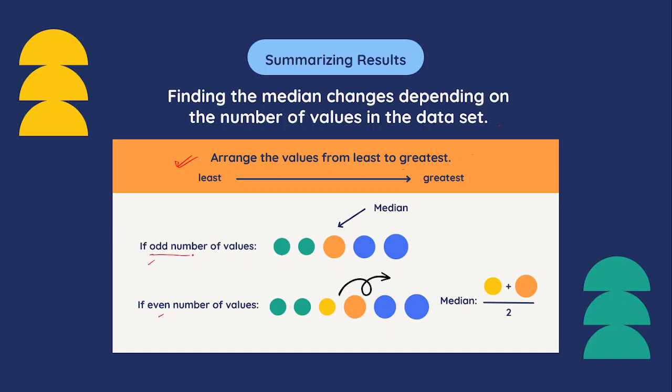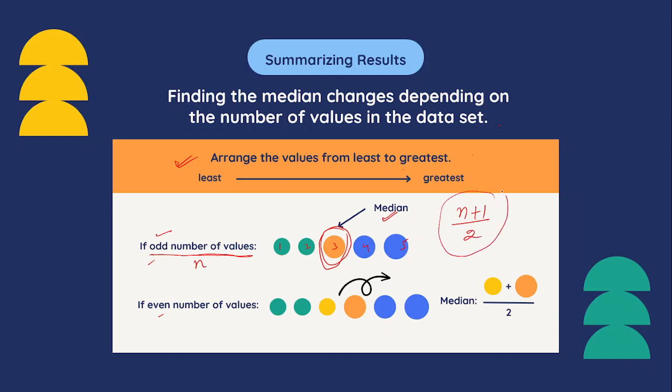Now suppose you have a total number of values as an odd number, like here you can see 1 2 3 4 5, odd values. Then the middle one will be the median. How will you find the middle one? Let's suppose there are n values, so (n plus 1) by 2.